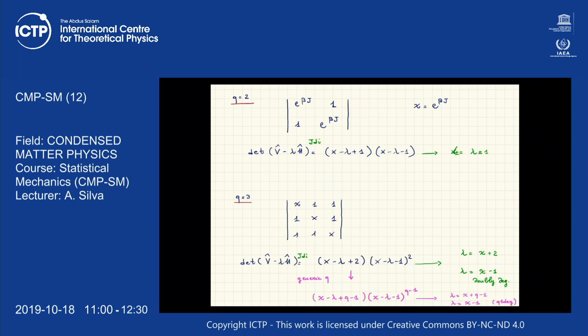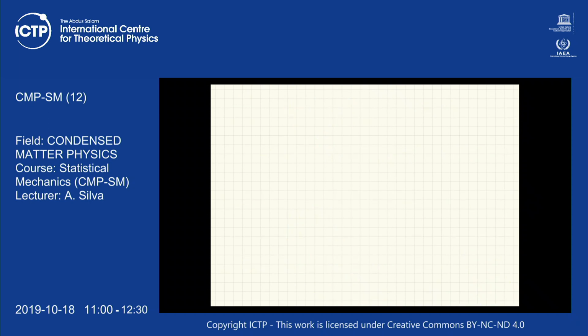Now, it turns out that out of these, the largest is the first one, and therefore if I want to compute the partition function, Z is going to be lambda plus to the power n, which is (q minus 1 plus e to the beta j) to the power n.